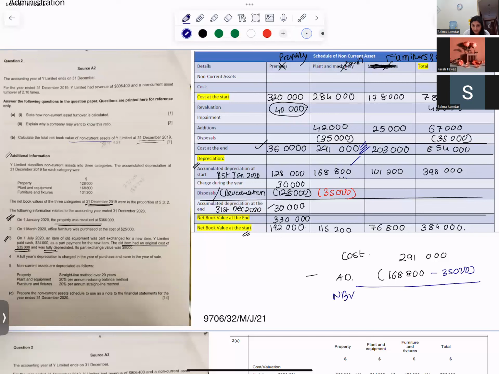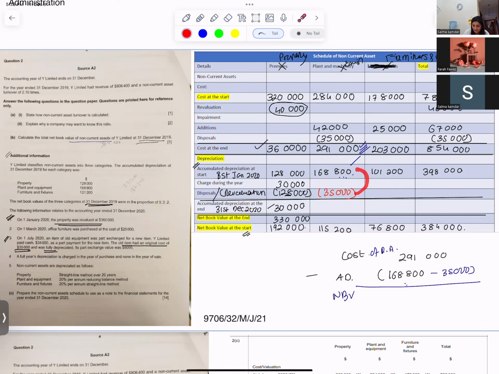From the remaining assets, I will subtract the accumulated depreciation of the remaining assets. That is the accumulated depreciation at the start, 168,800, minus the asset that I have disposed of, and this asset is fully depreciated. That means the full amount of that cost is already depreciated.